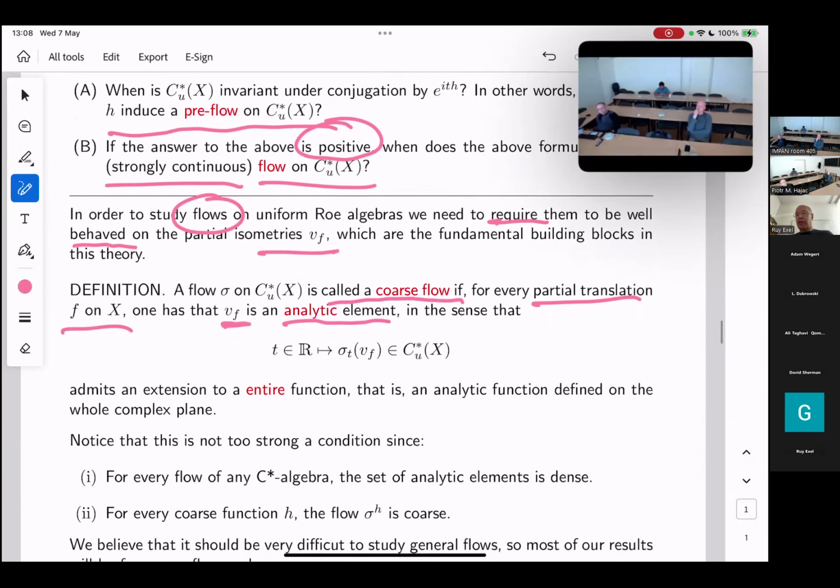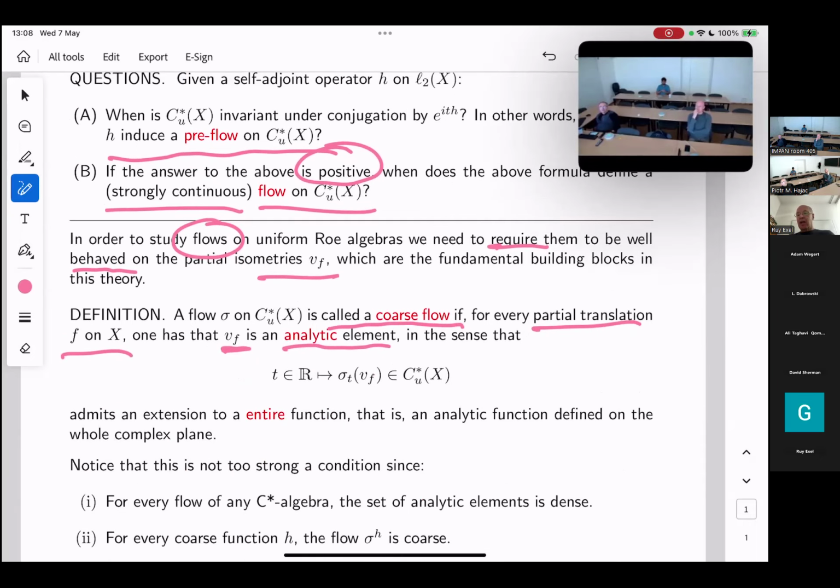What's the definition of an analytic element? If you have any flow, the definition of strong continuity requires this function to be continuous. So this function is always continuous as long as we have a flow.